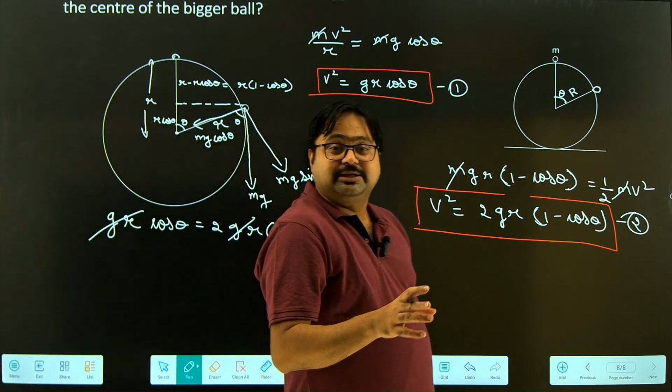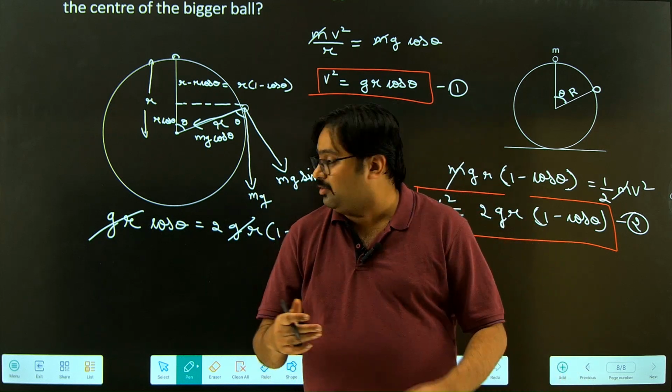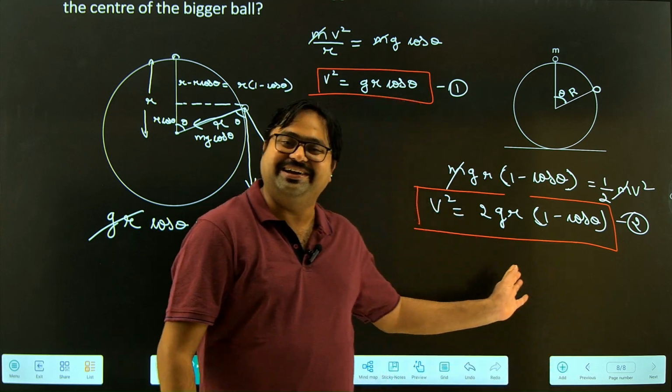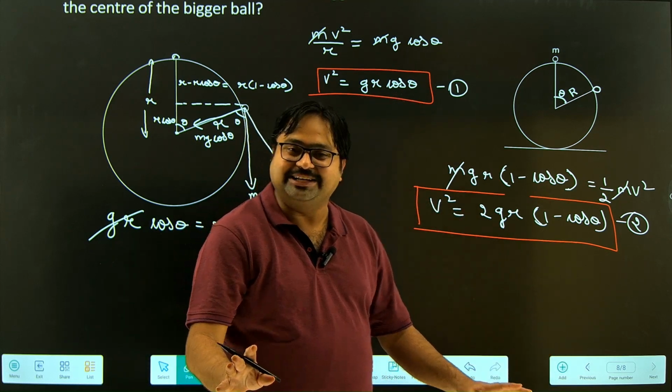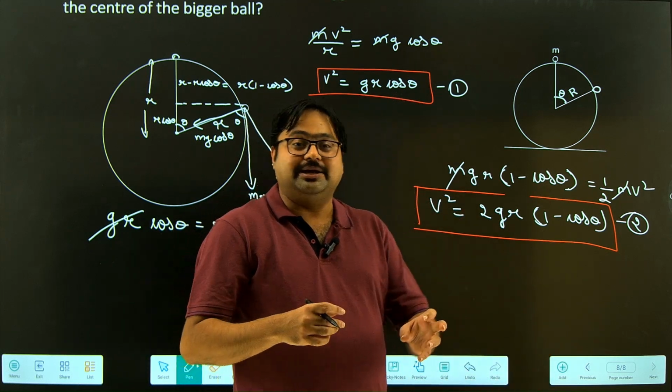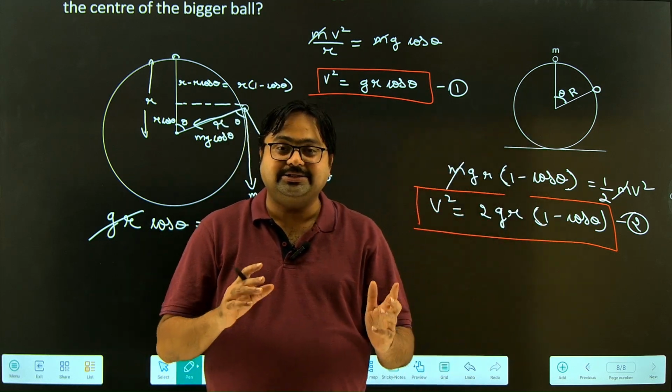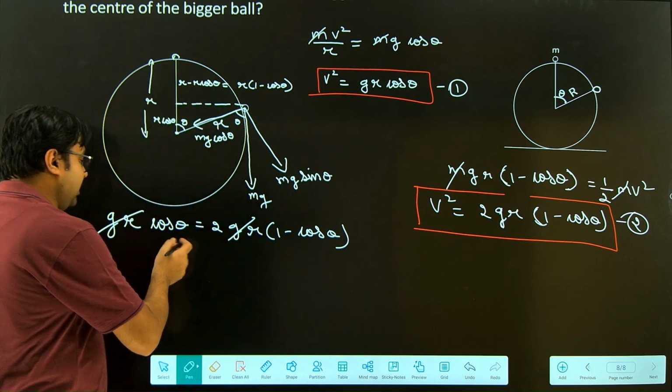That simply means that the angle theta we are about to find does not depend on g, nor does it depend on the radius. That's an absolutely fascinating thing, because we thought that it could depend on acceleration due to gravity, it could depend on the mass, it could depend on the radius, but it looks like it doesn't depend on anything at all.